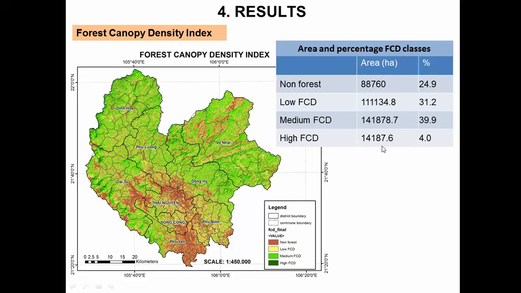And finally, the remaining 4%, accounting for more than 14,000 hectares in Thái Nguyên province, is for the high FCD.